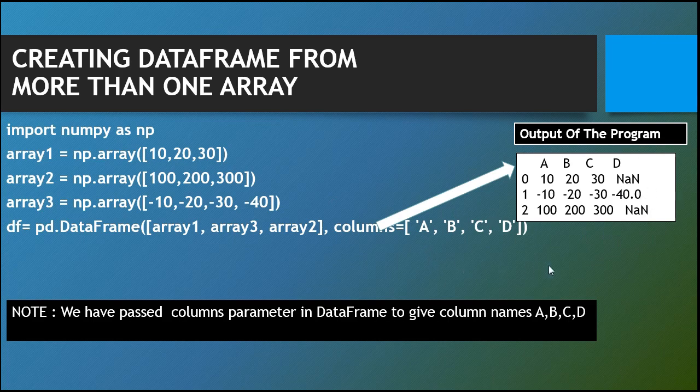That means there is no corresponding value for the 4th column in array 1 and in array 2. Now it is not mandatory that you have to pass the arrays in sequential order. You can see here that we have passed array 1, then array 3 and then array 2.